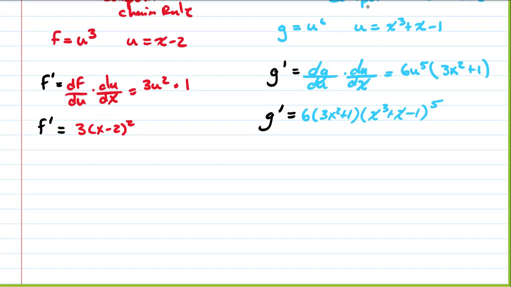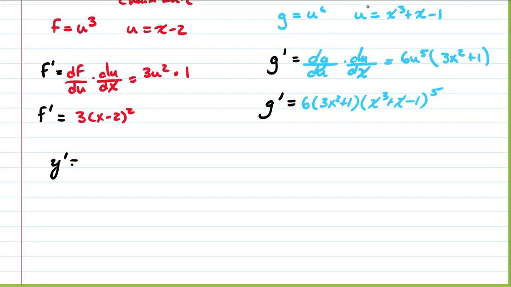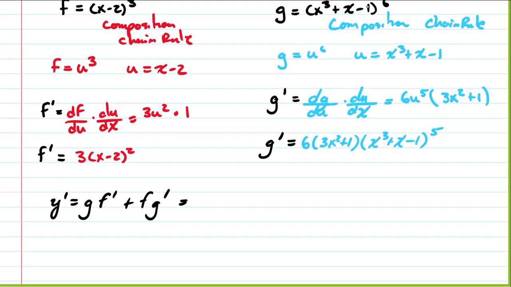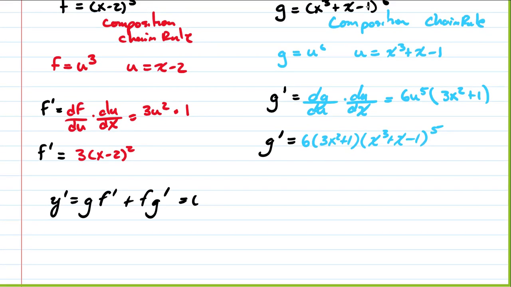My original product rule is y prime is equal to g f prime plus f g prime. That's going to give me, well, g was x cubed plus x minus 1 to the 6th. F prime was 3 x minus 2 squared, plus fg prime.